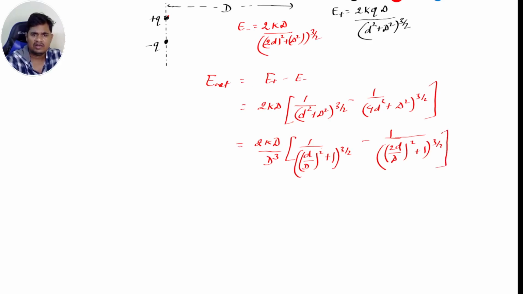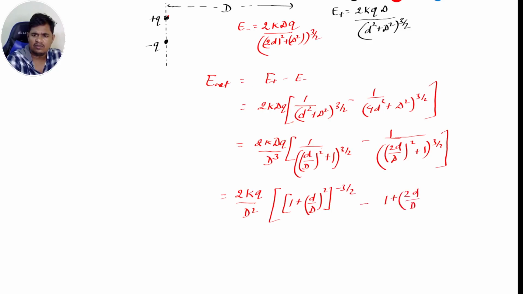Then we can take 2kqd by D cube out here, and I just missed writing the q. So this is 1 plus d by D whole square raised to the power minus 3 by 2 minus 1 plus 2d by D whole square raised to the power minus 3 by 2.